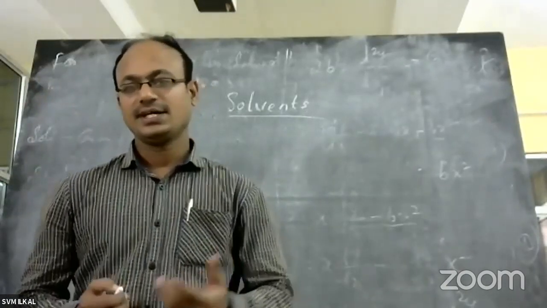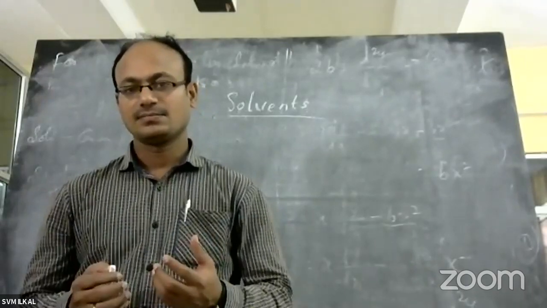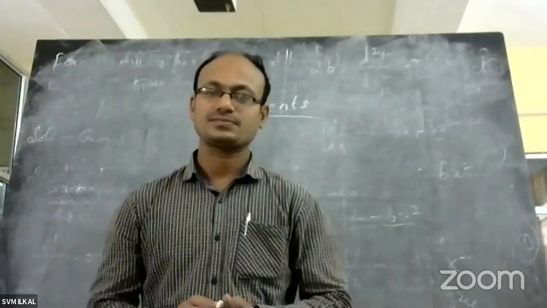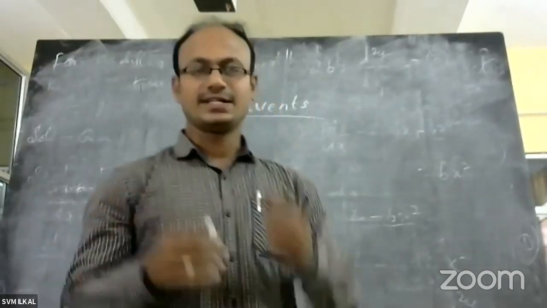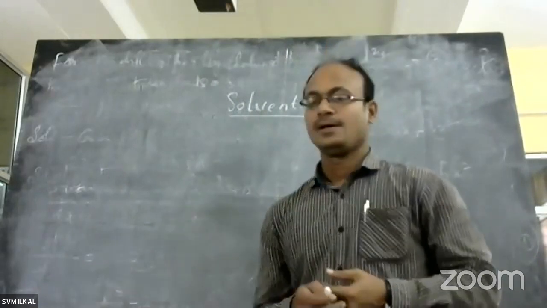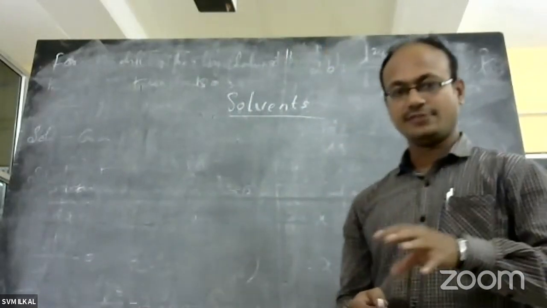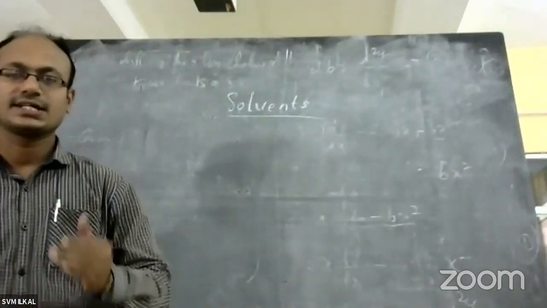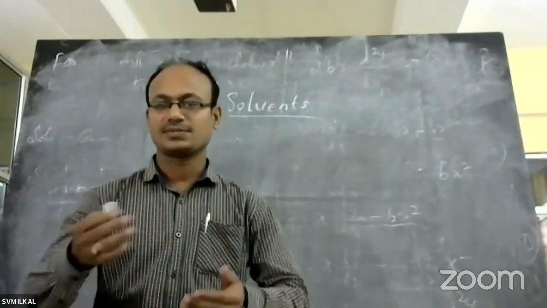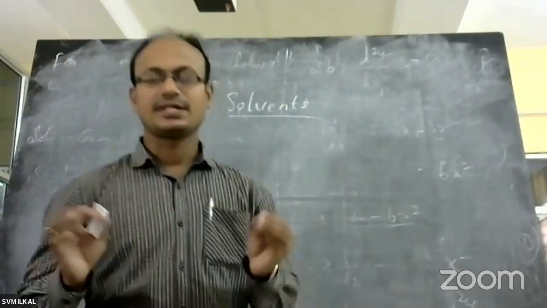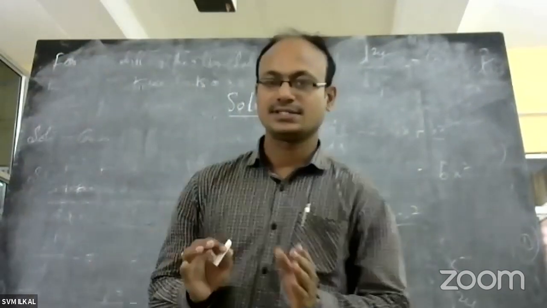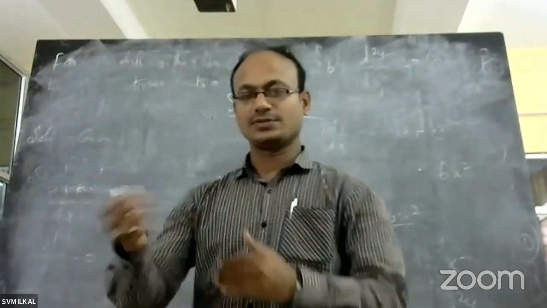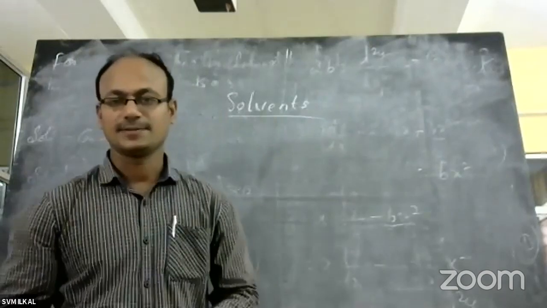A solvent is the one which makes the solute get dissolved in it and make it a solution. This definition we already studied in the previous class. If you talk about the different types of solvents, one is ionizing solvents and another is non-ionizing solvents. I'm just recalling this so that you have a clear idea about ionizing and non-ionizing, which will help you understand the concepts I'm going to discuss in the upcoming section.